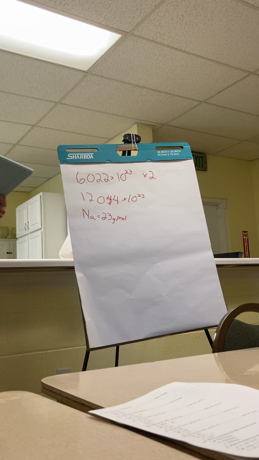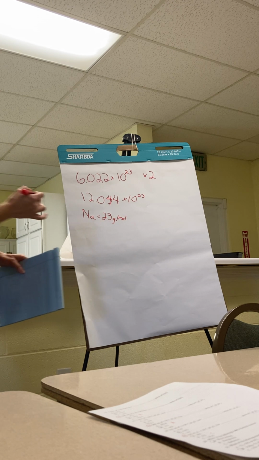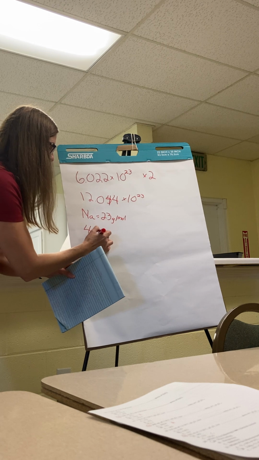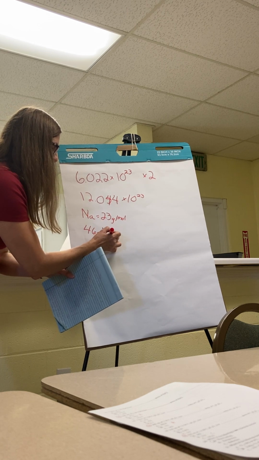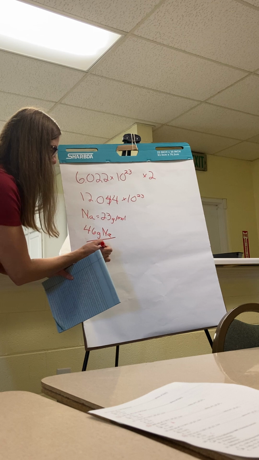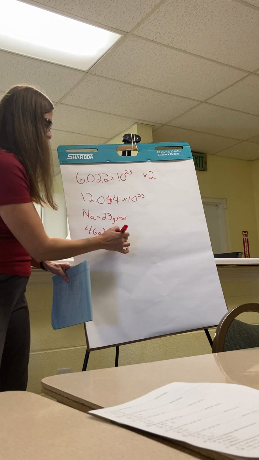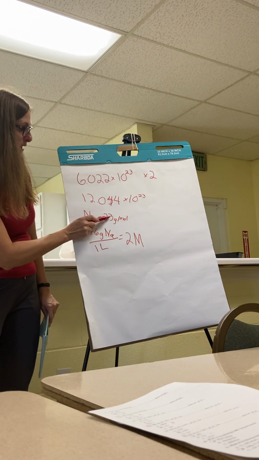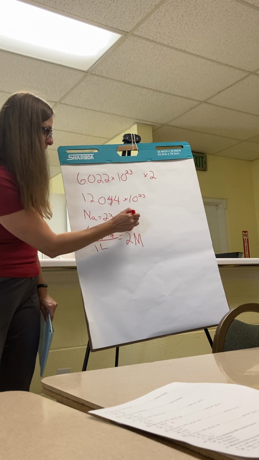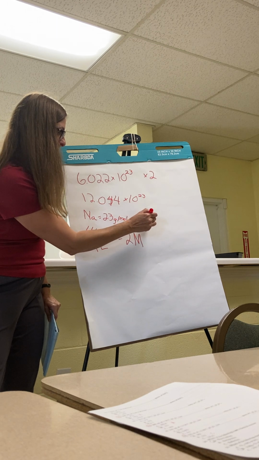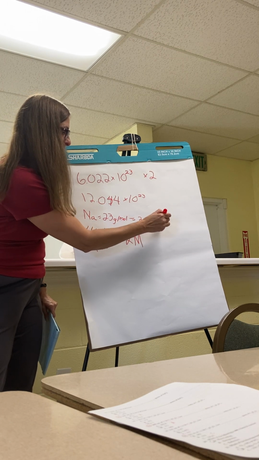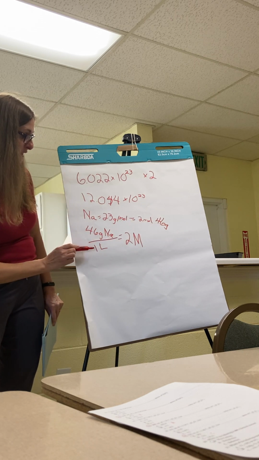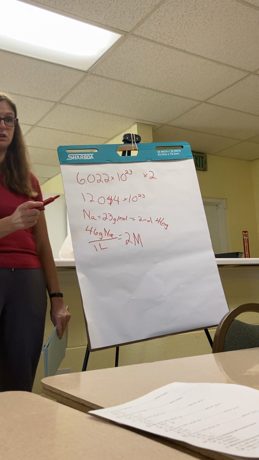Alright, so if I put 46 grams of sodium in 1 liter of water, what would its molarity be? 2. It would be a 2 molar solution. So 1 mole is this, 2 moles is 46 grams, and when I put that in a solution, I end up with a 2 molar solution.